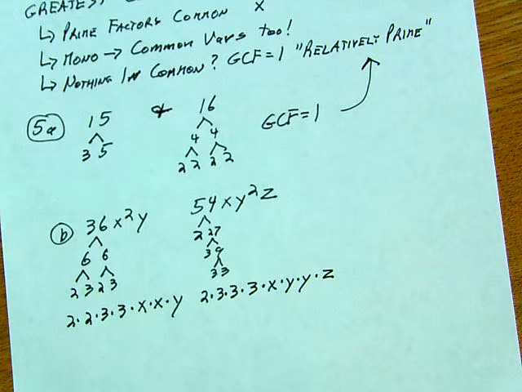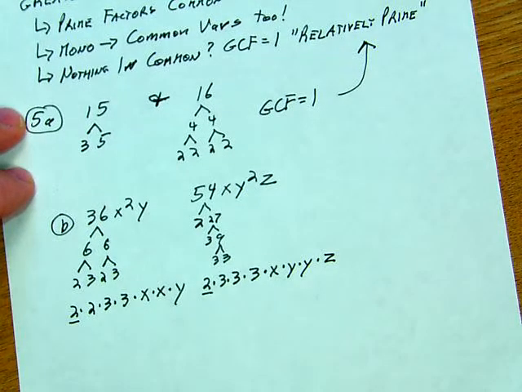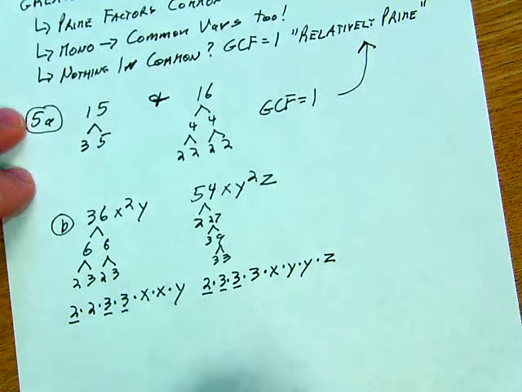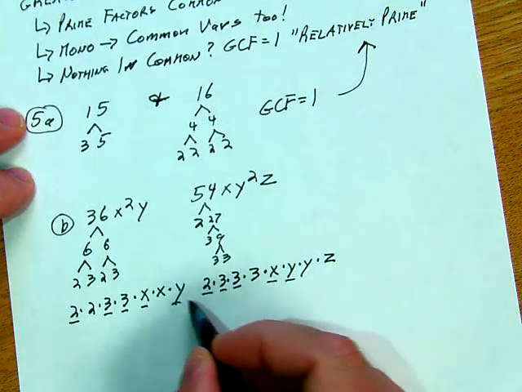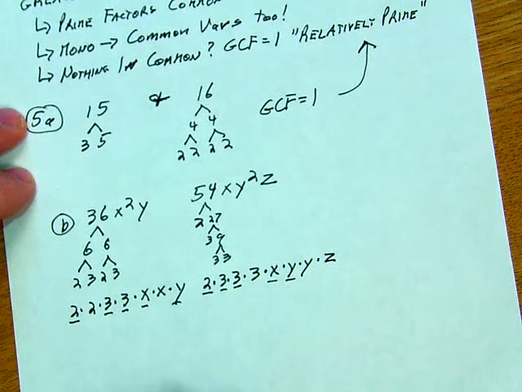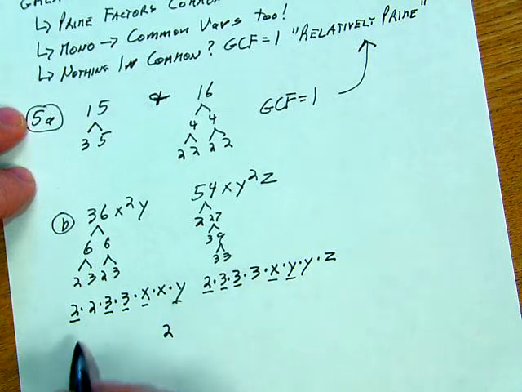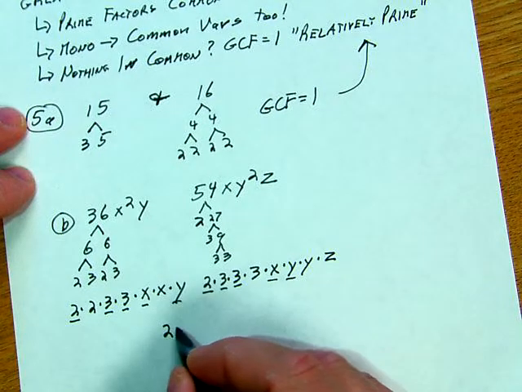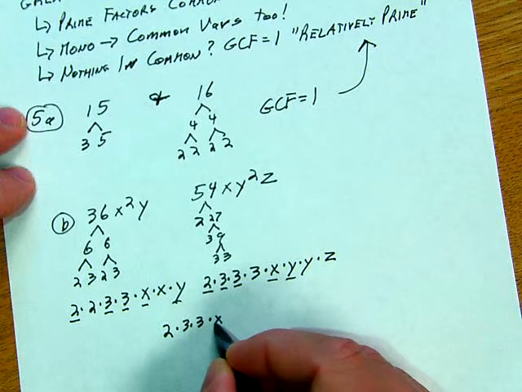So now we need to find the common factors. Well, there's a 2 and there's a 2. There's a 3 and a 3, 3 and a 3. There's an x and an x, and there's a y and a y, and we've used up the rest. There's no other ones. I'm just looking at the underlined items now on one side: 2 times 3 times 3 times x times y.